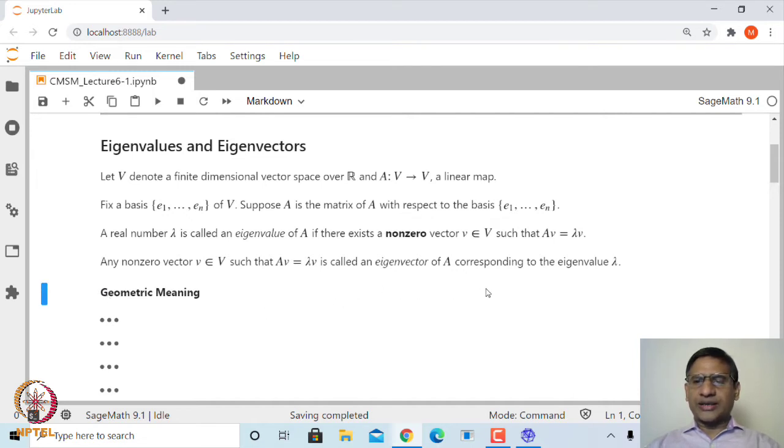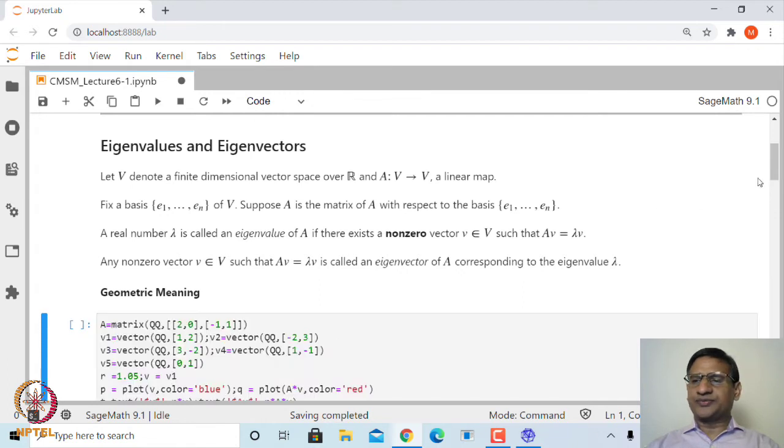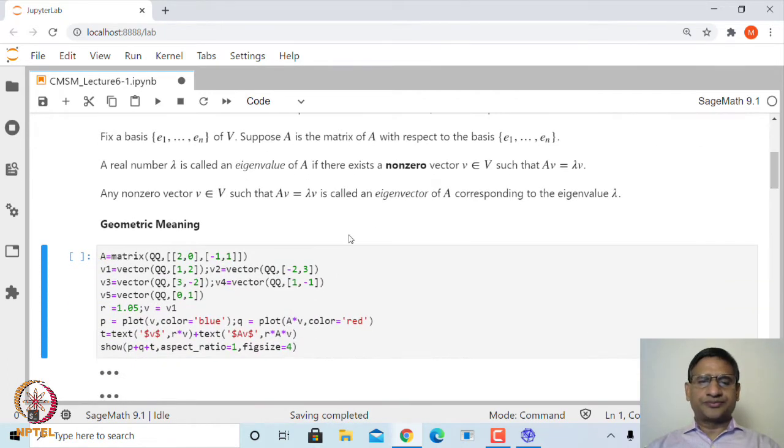But before that, let us look at the meaning of eigenvalue and eigenvector geometrically. As I said, Av equal to lambda v simply means that v is parallel to Av. So, we are looking at all those vectors for which Av is parallel to v. Let us look at this figure.